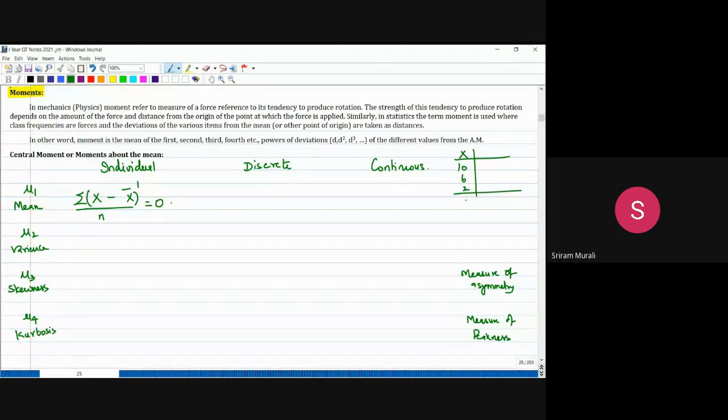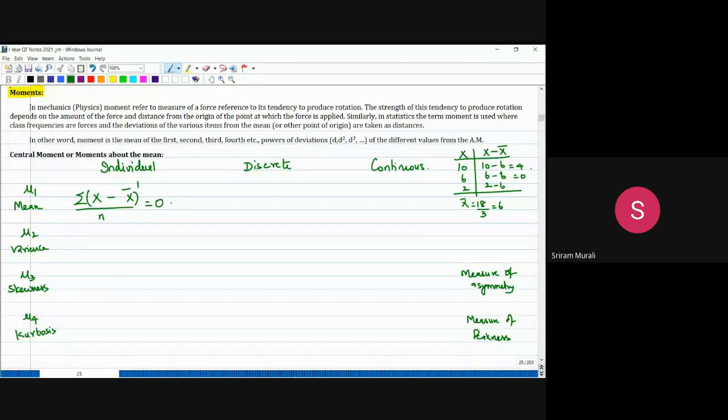The arithmetic mean is 18 by 3, which equals 6. Not only this example, any example you take will satisfy this. x minus x bar: 10 minus 6, 6 minus 6, 2 minus 6, this will be 4, 0, minus 4.